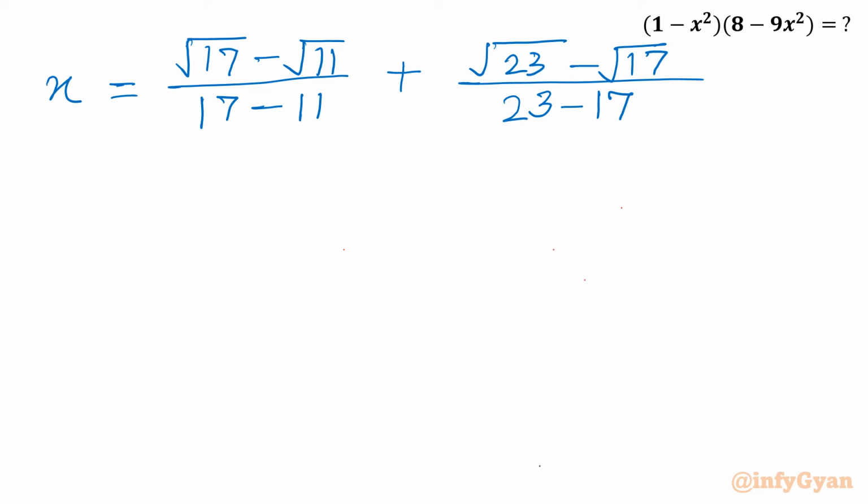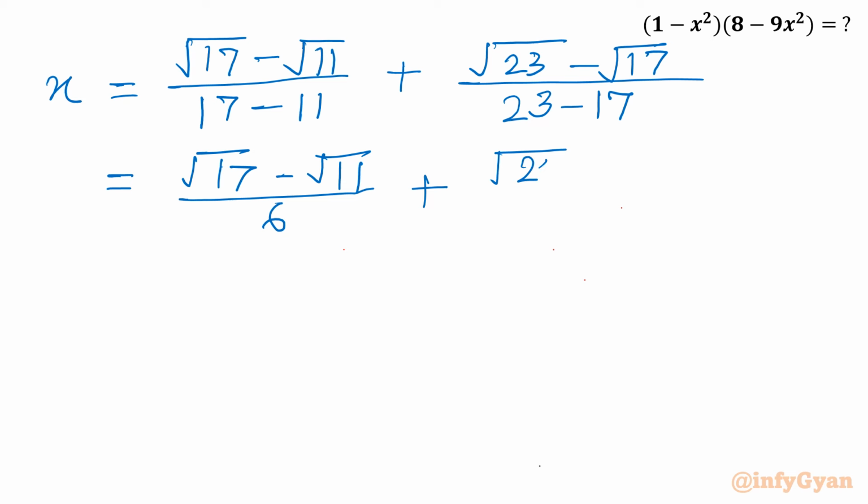So x is root 17 minus root 11 over 6, that is 17 minus 11, plus root 23 minus root 17 divided by 23 minus 17, which is 6.